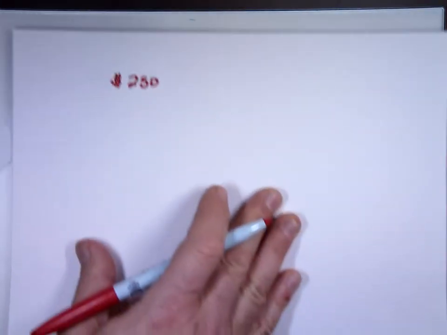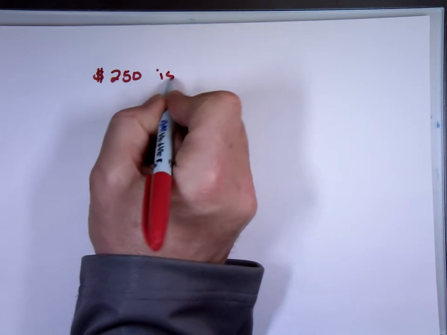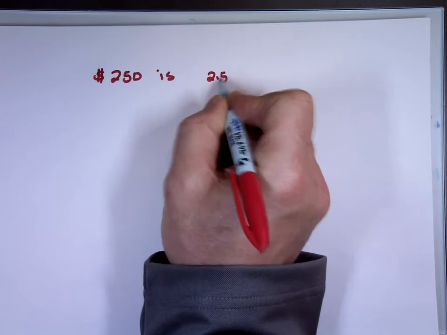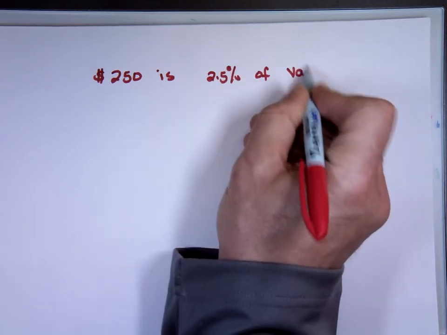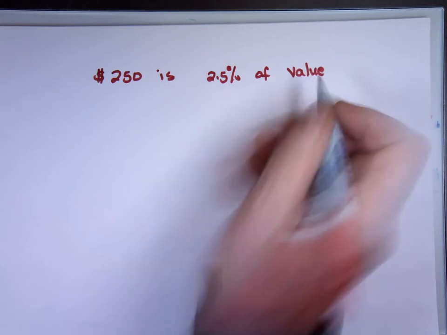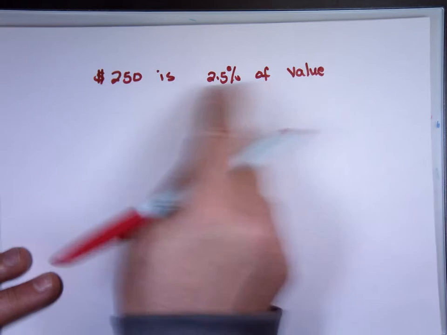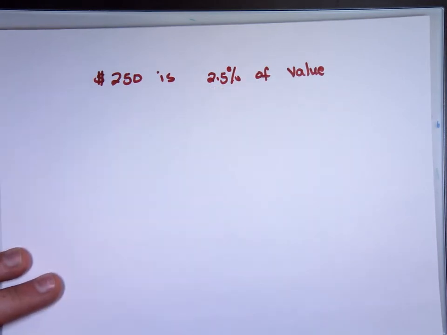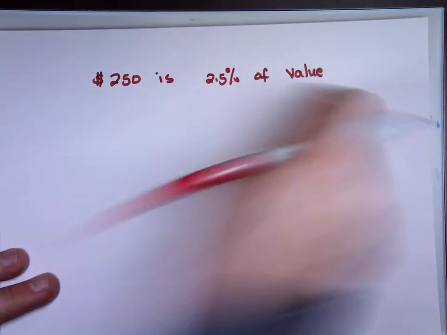You say, I wonder what my car is worth. Well, somebody told me the excise tax is 2.5% of the value of your car. They try to approximate what the value of your car is. Take 2.5% of that number, and that's what your excise tax is.